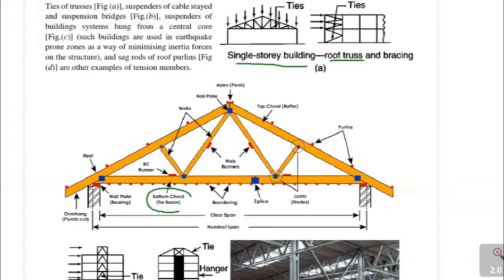This is the tie beam or bottom chord, and this is a member in a roof truss that is subjected to tensile forces. Therefore, you can call this member a tension member. And in some cases, we have bracings also. As you can see in this image, we have bracings to support the columns, to support the sides.